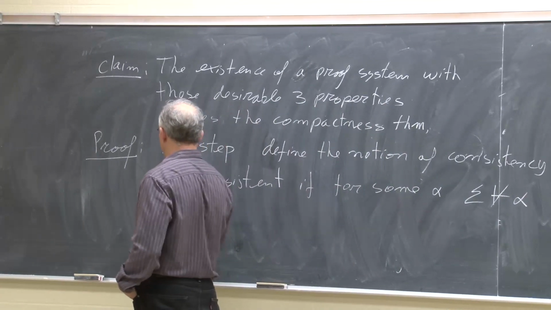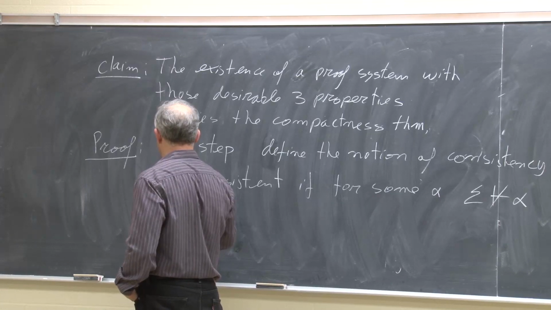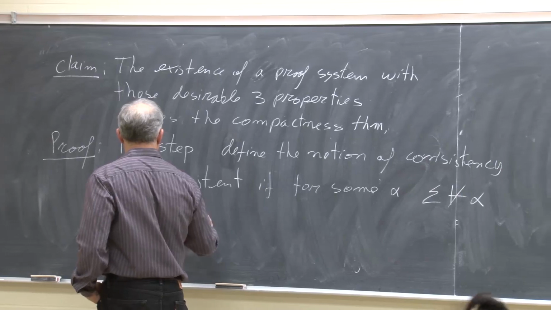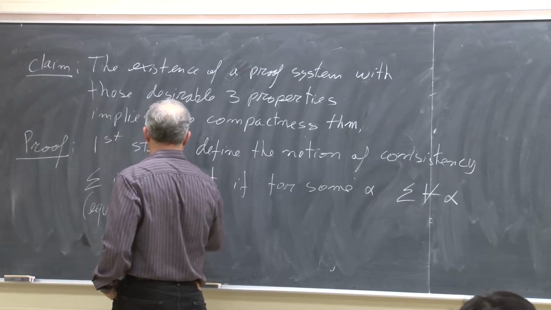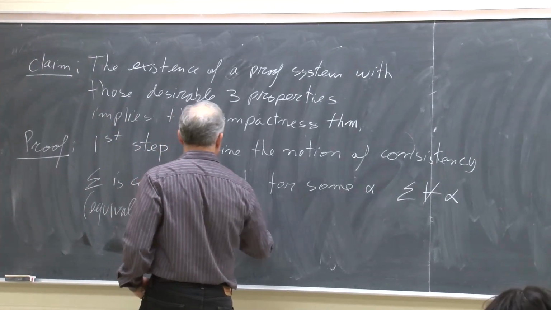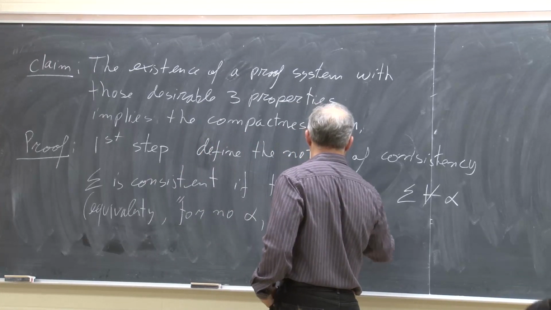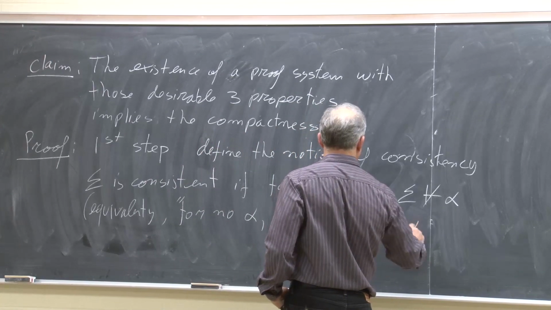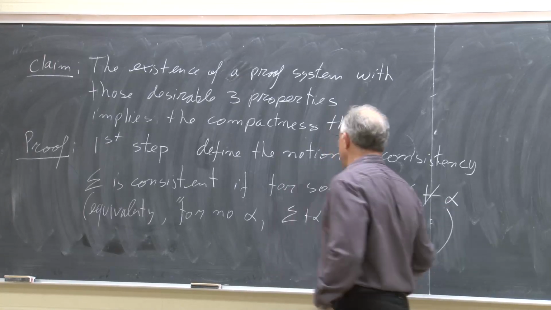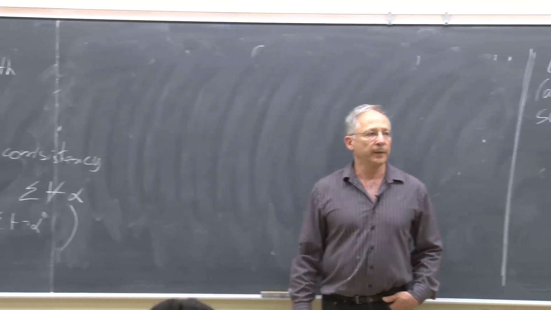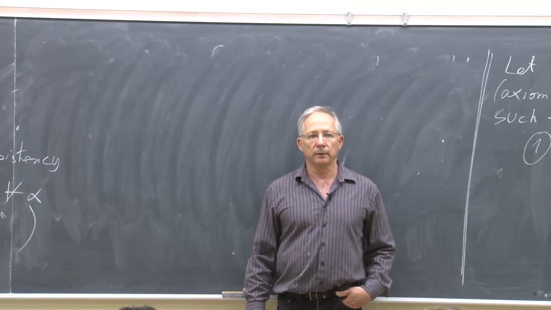And we know that equivalently, for no alpha, sigma proves alpha and sigma proves not alpha. So we have exactly the same definition of consistent that we had in propositional logic.